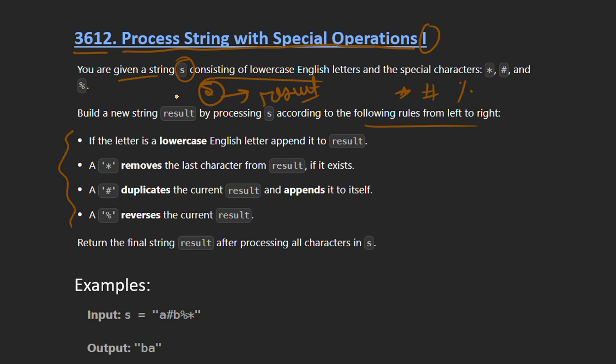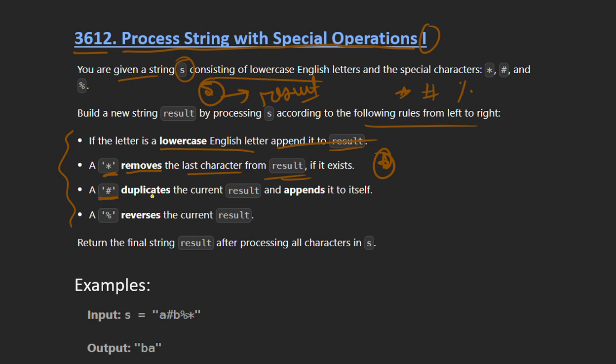If we get a lowercase English letter in the string s, then we directly append that character to our result string. And if we get a star, then we need to remove the last character present in the result string.